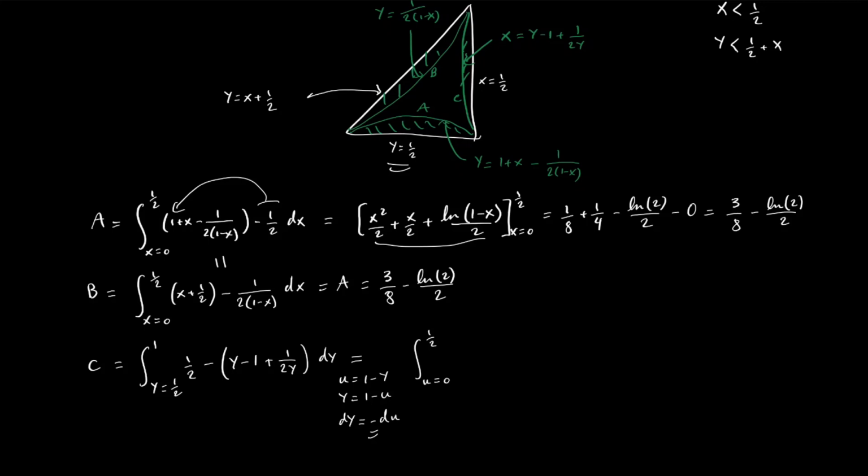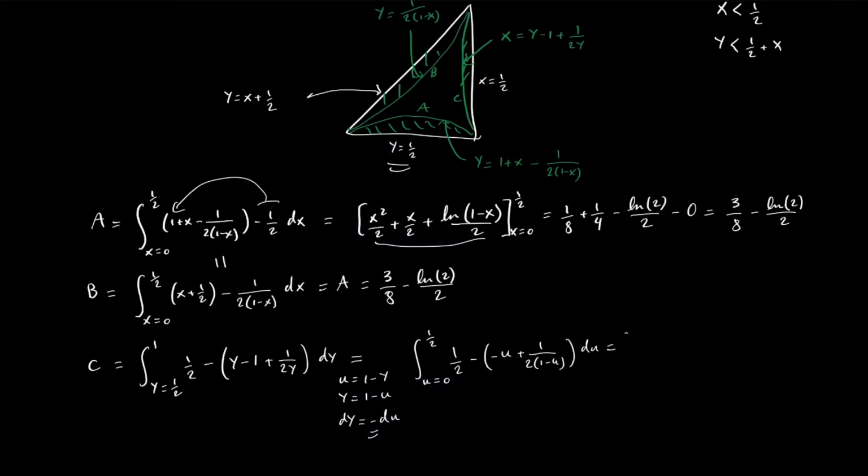And so we have the integral from u equals 0 to 1/2 of 1 divided by 2 minus u plus 1 divided by 2, 1 minus u du.